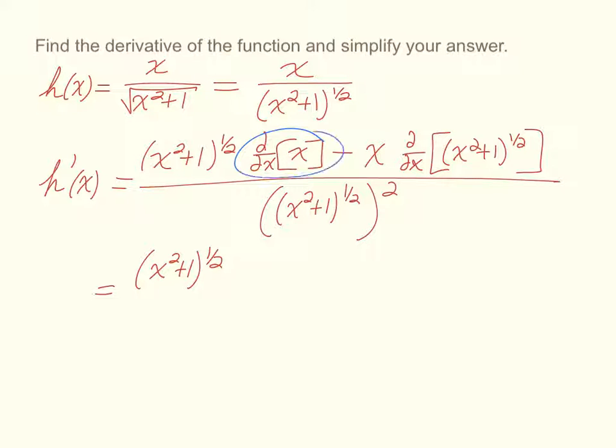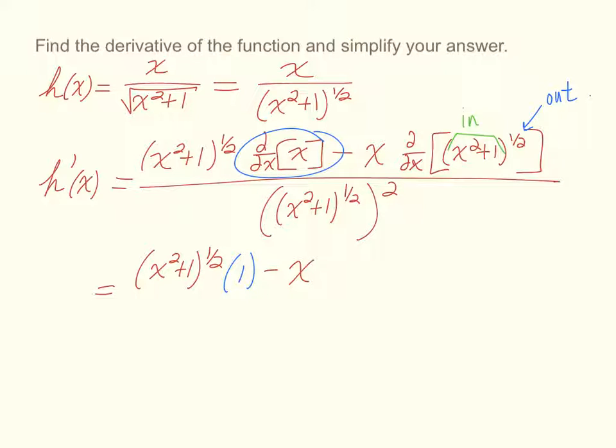The derivative of x by power rule is 1, minus x times the derivative of x squared plus 1 raised to the 1/2 power tells us we're going to have to use the chain rule. We have x squared plus 1 on the inside and a 1/2 power on the outside.